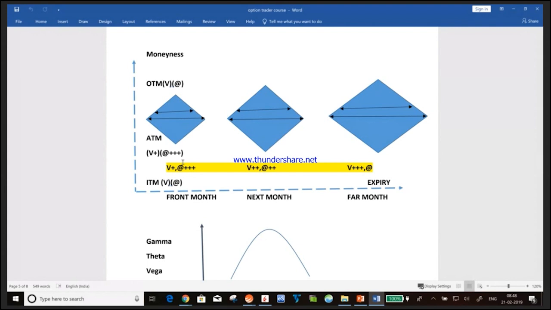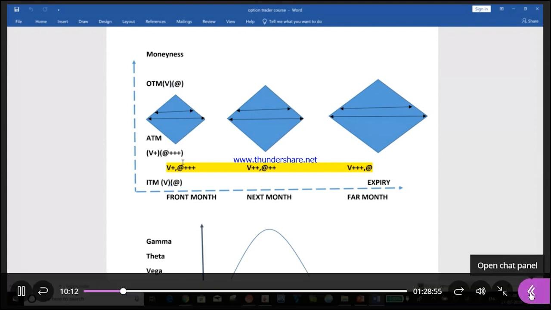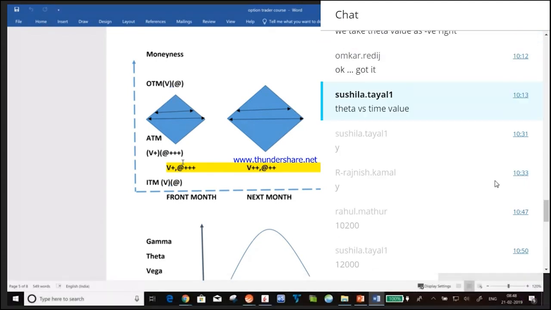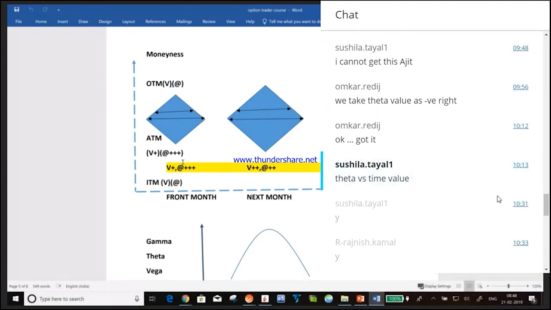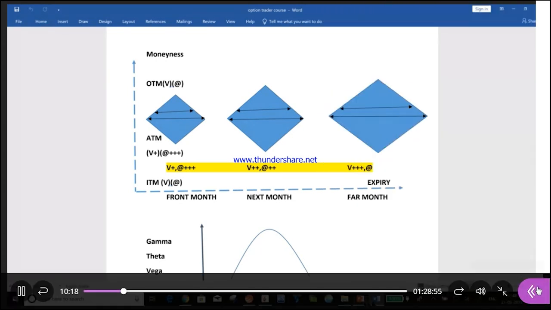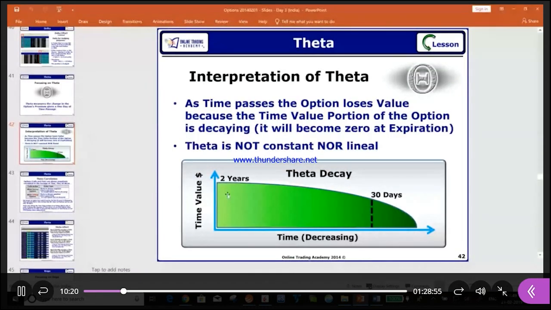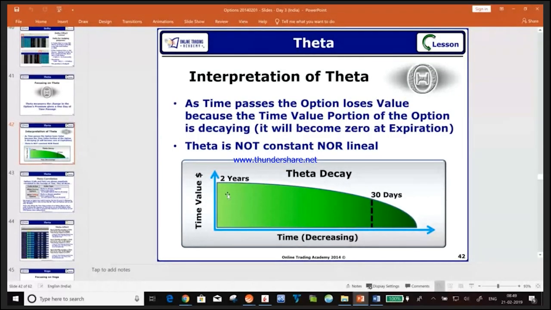Sushila, what do you mean I did not get this? Okay, simple. What is time value? Isn't time value expectation of people? What people are expecting the underlying is going to do in the near future.